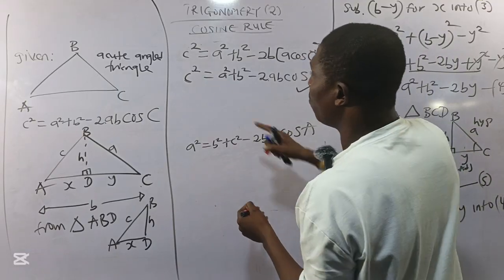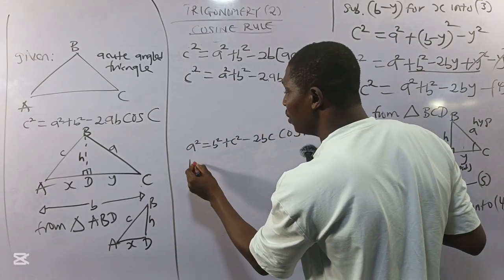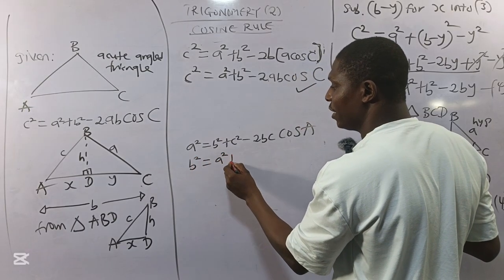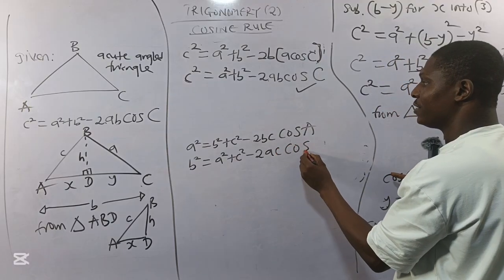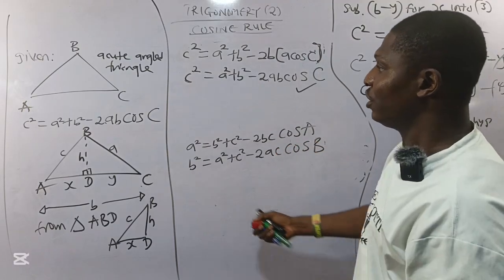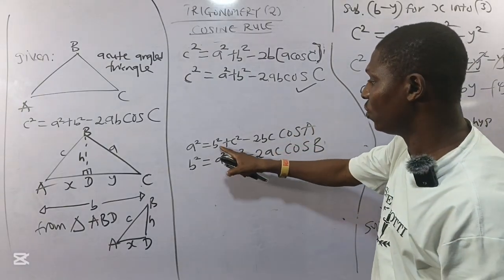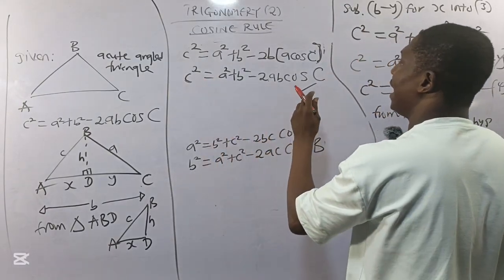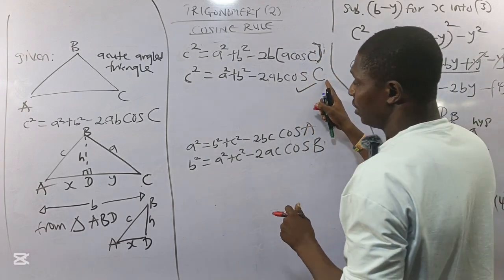And also, we've proved that of C and we've done A. So let's do that of B. So also we have B squared equals A squared plus C squared minus 2AC cos capital letter B. Repeating this process from the very beginning will give you these other two.